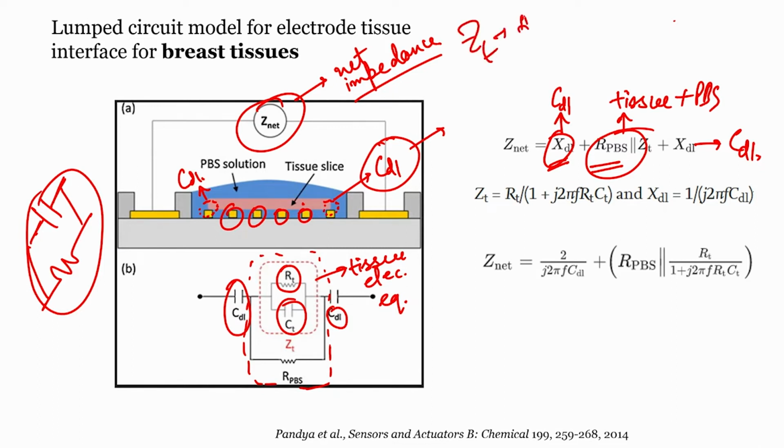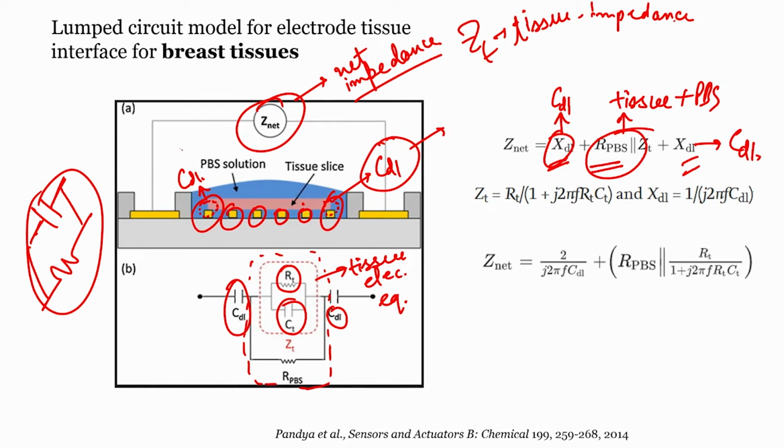ZT is tissue impedance, and ZT is given by a parallel combination of RT and CT. And then again there will be another XDL, because the tissue is contacted by the electrode on two sides. This is one side, this is another side.